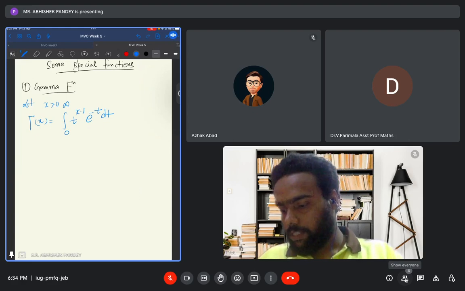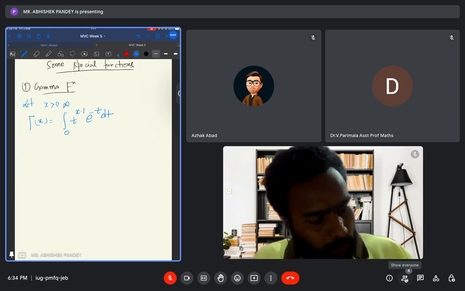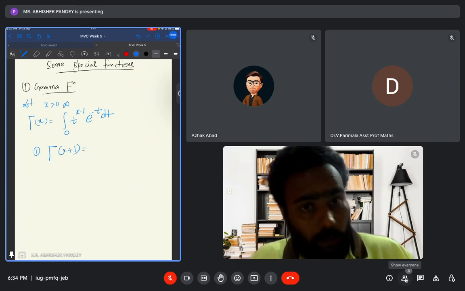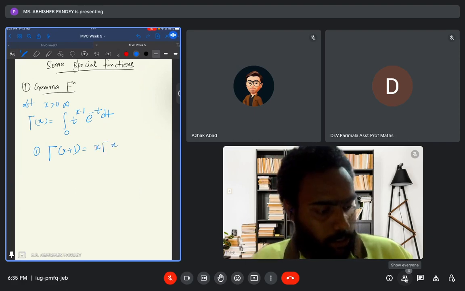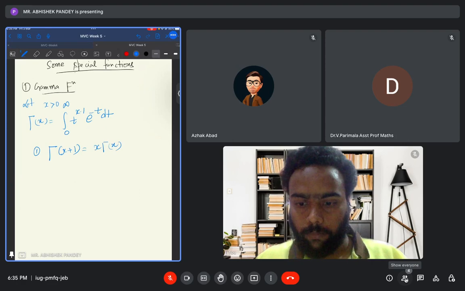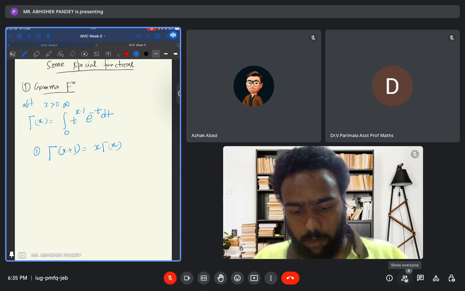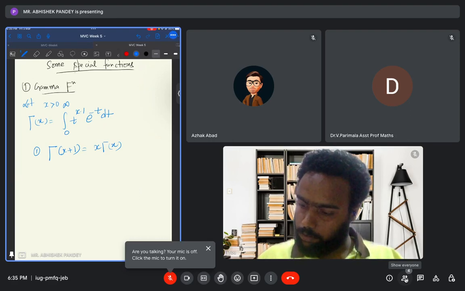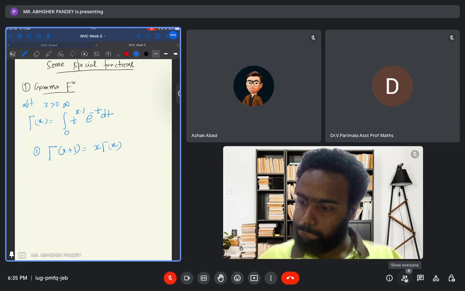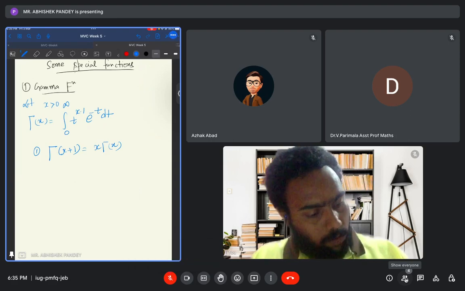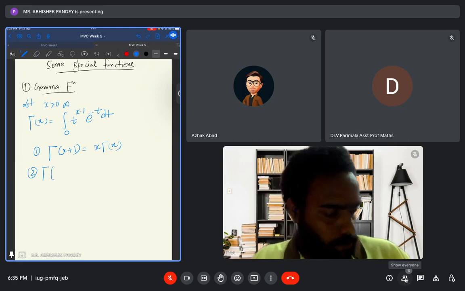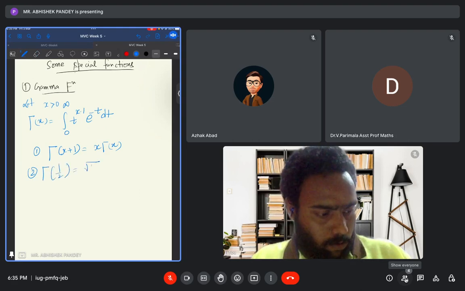So some properties we will also see. Gamma of x plus 1 equals x gamma x. And some of the values I will write. Second one is gamma of 1 by 2 is root pi.